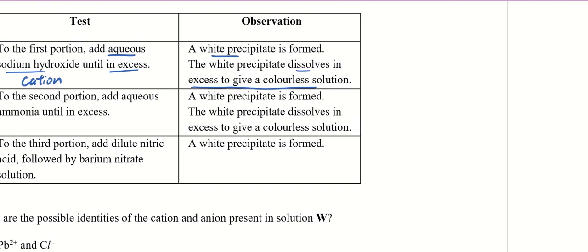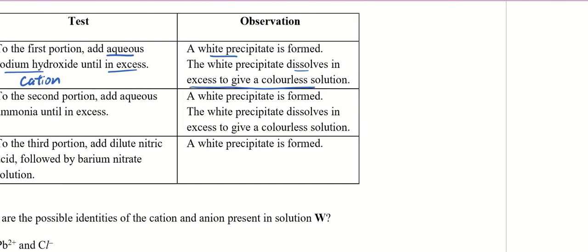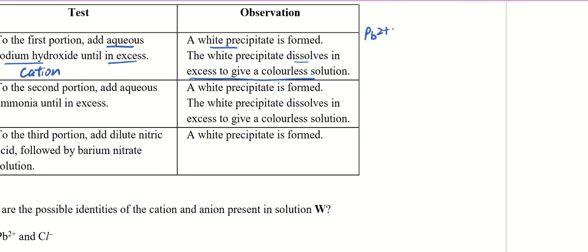So again, white precipitate with sodium hydroxide, we can get lead 2+, aluminum 3+, and zinc 2+. We may even have calcium, but calcium gives a white precipitate that doesn't dissolve in excess.